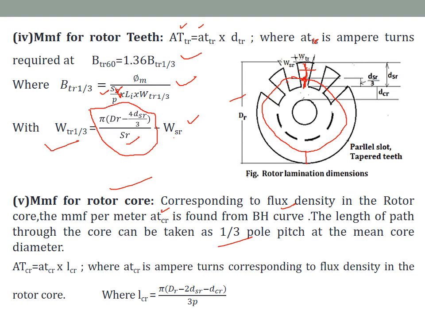So ATCR is equal to small ATCR into LCR, where LCR is equal to pi into (dr minus 2 dsr minus dcr) divided by 3 pi. So multiply this LCR with ATCR, which you can find out in the BH curve corresponding to flux density in the rotor core.